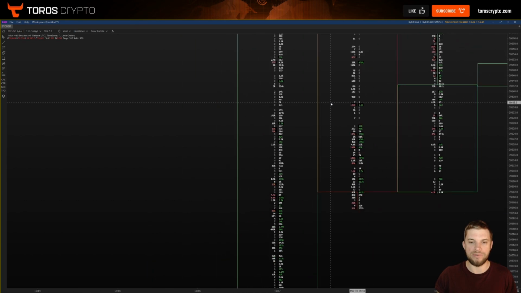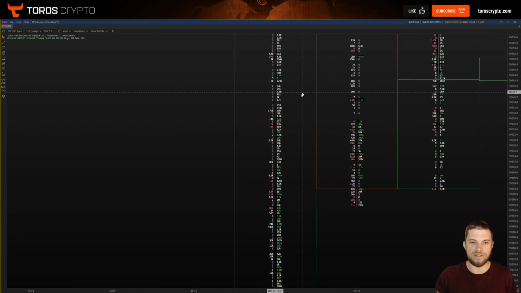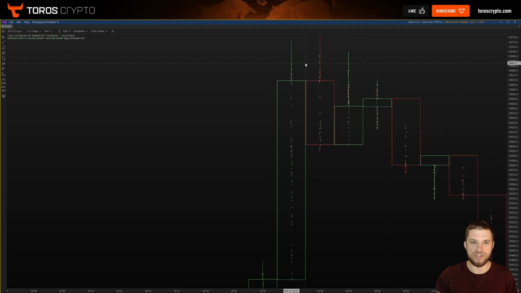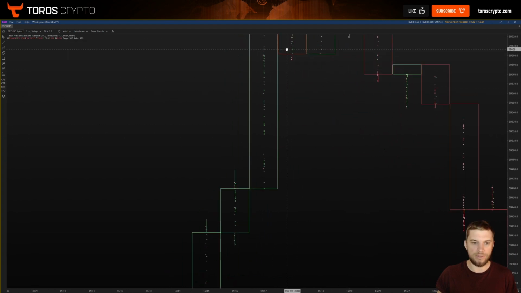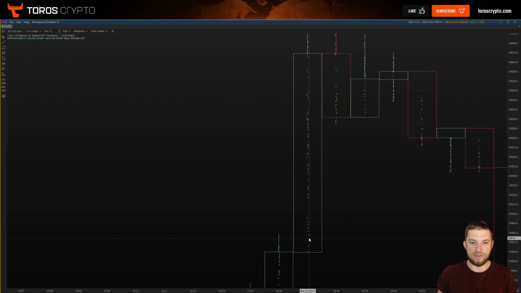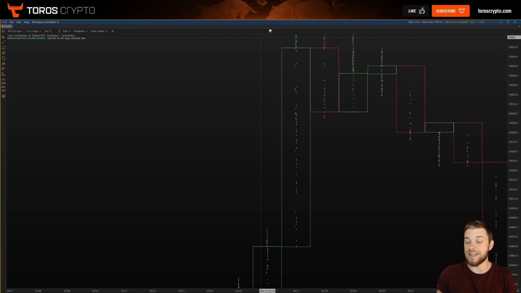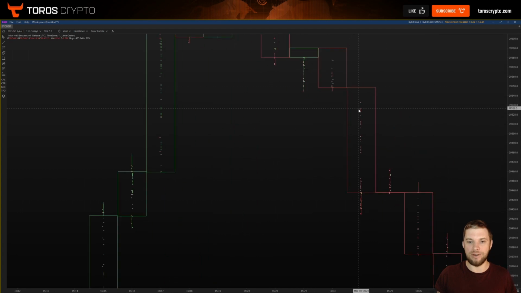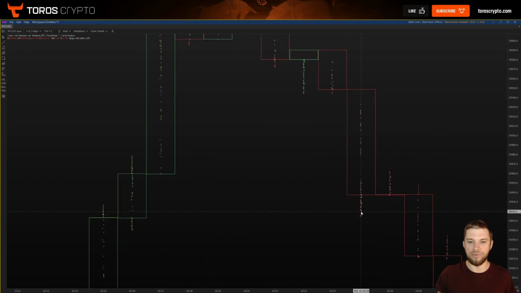Now, if you zoom out on this as well, you can see the numbers still remain fairly clear for a while, but if you zoom out for long enough, it just turns to these little dots. So again, you get a lot of buying imbalances on the way up, which increases the probability that you're leaving a bit of a void here, you're getting some slippage on the charts. What happens? You come down, and then you're getting a lot of selling imbalances on the way down here.